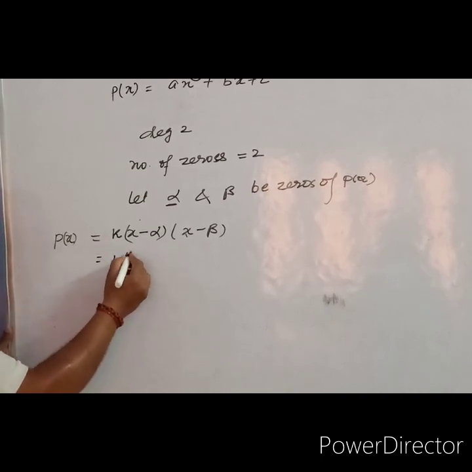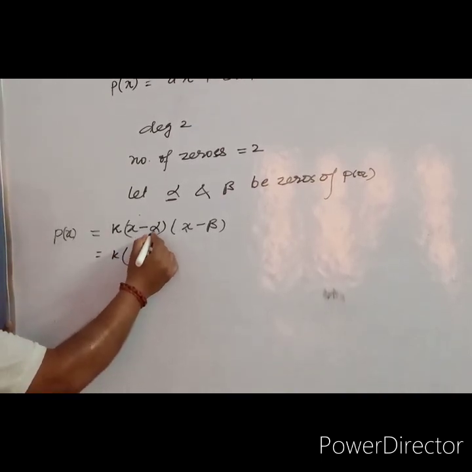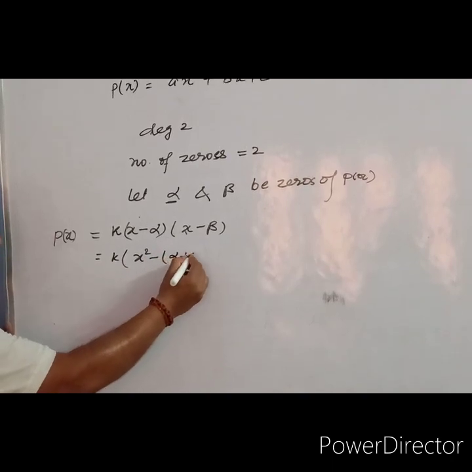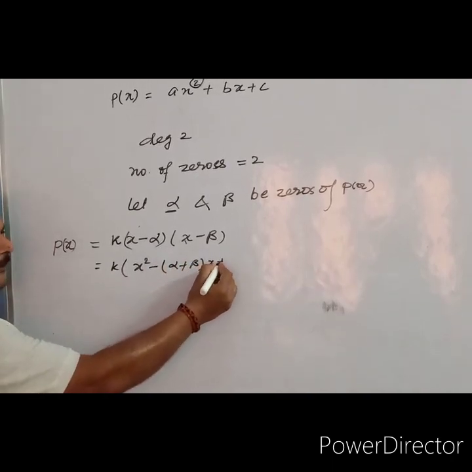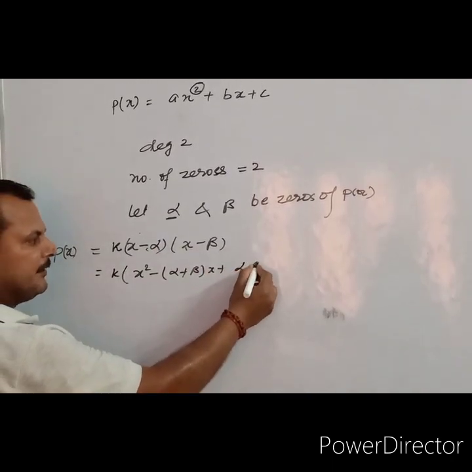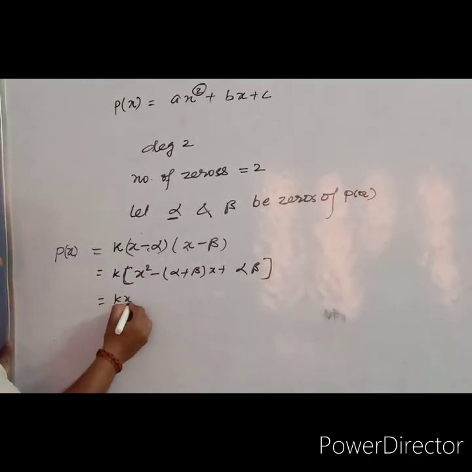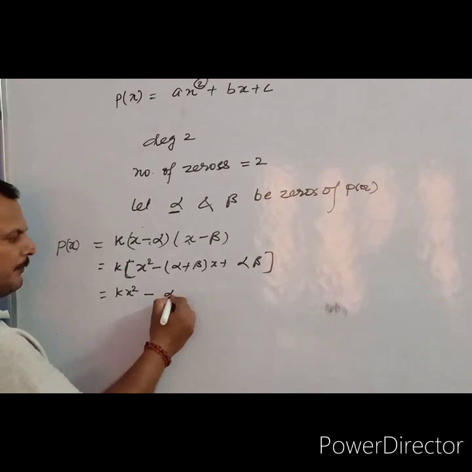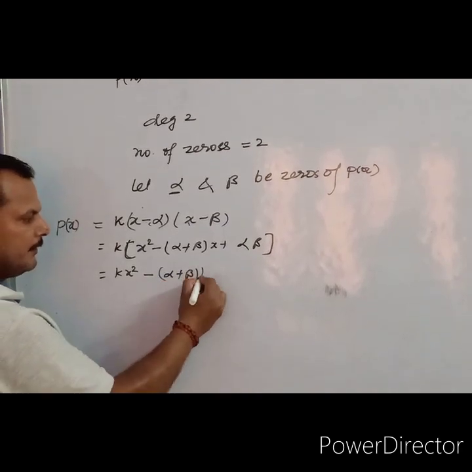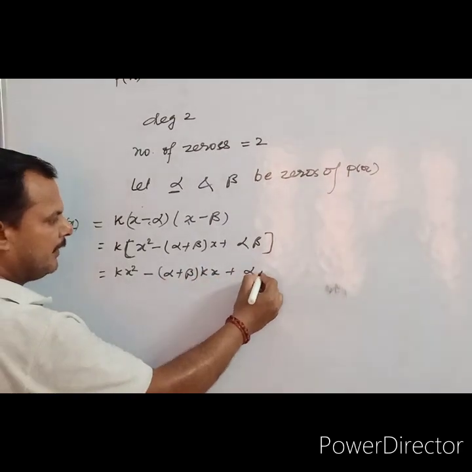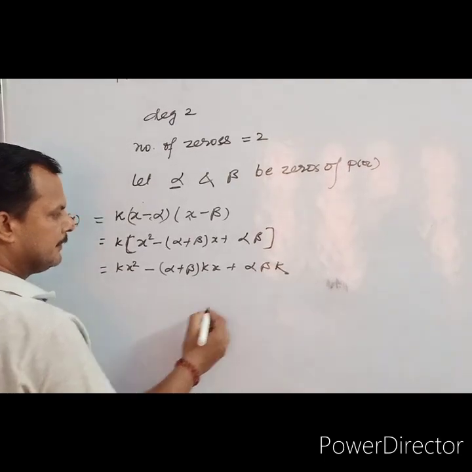So it will be k multiplied by x square minus (alpha plus beta) x plus alpha beta. You will get kx square minus (alpha plus beta) kx plus alpha beta k.